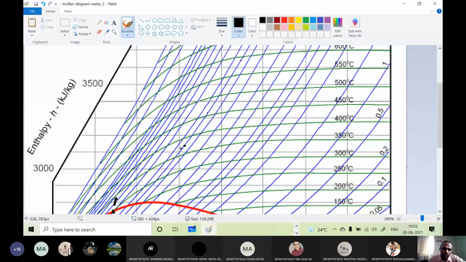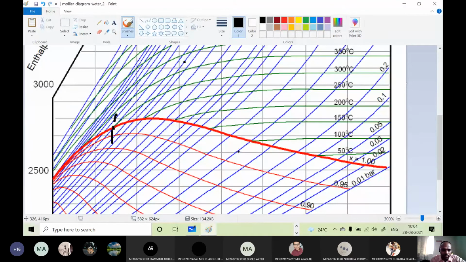Means you need to drop the perpendicular from point 1 to the 50 bar line. Now this point is my point 2. It is clear? Identification of point 1 and point 2 on the Mollier diagram.